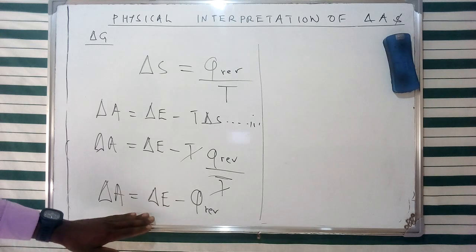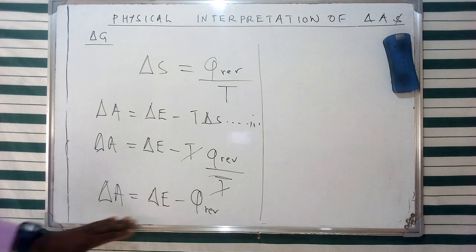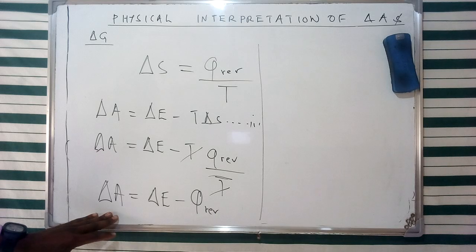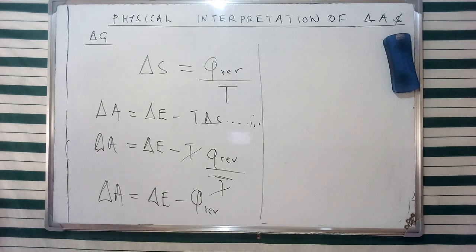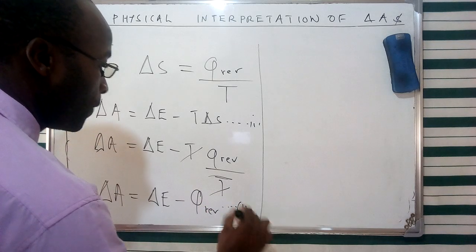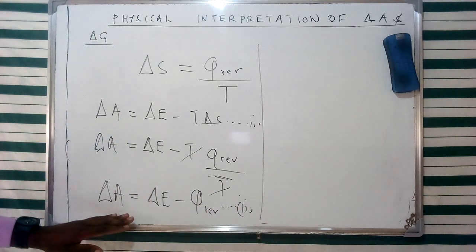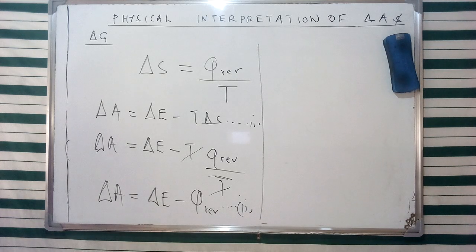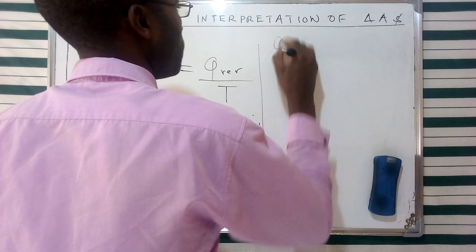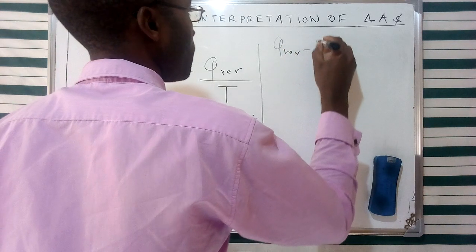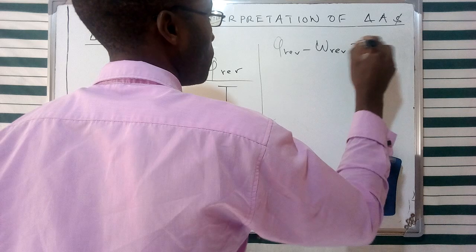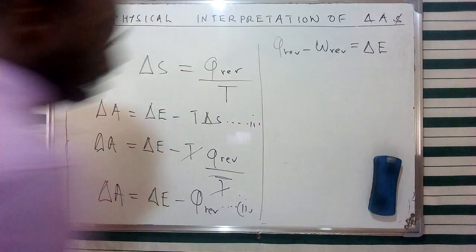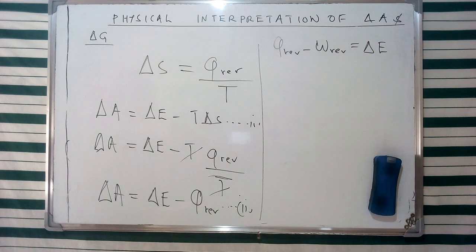In this specific case, of course, this is going to give us the quantity for delta A, which is Helmholtz free energy. Now, let's say this is equation 2. If we try to find a relationship between this specific representation for Helmholtz free energy and, of course, the first law of thermodynamics, we have represented the first law as Q reversible minus the work reversible is equivalent to delta E, in that specific order.